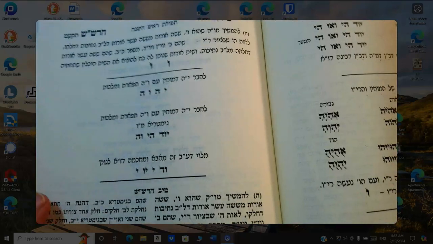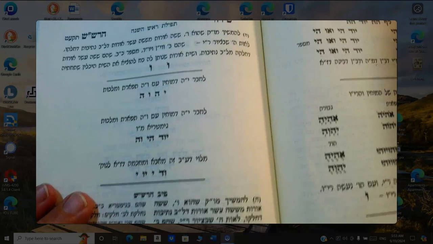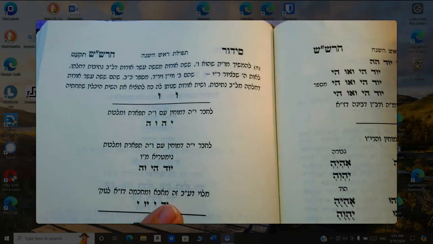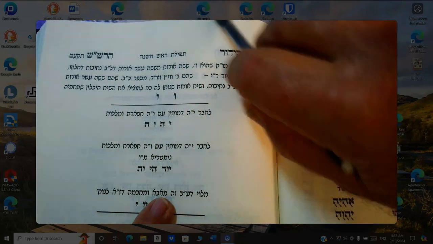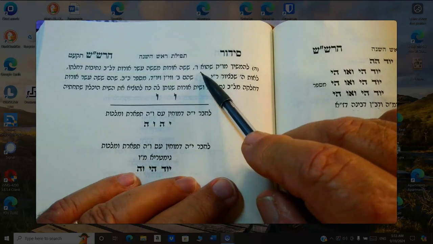Now let's go over to the next page. And on the next page, there's a Hey over here somewhere. Okay, Hey. So what are we doing then? He says, lahamshech mevonk shehu Vav.